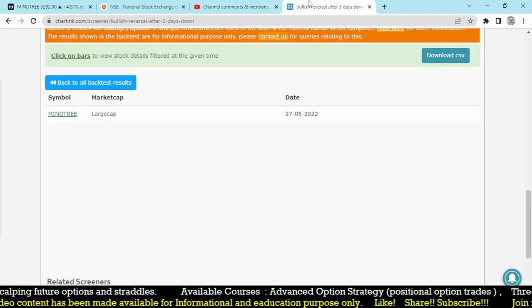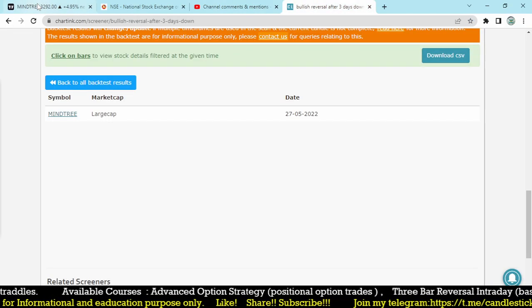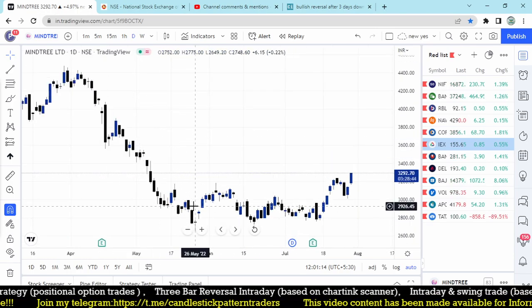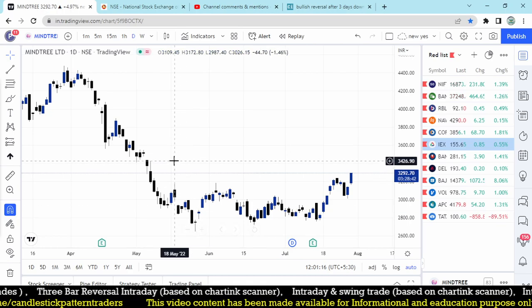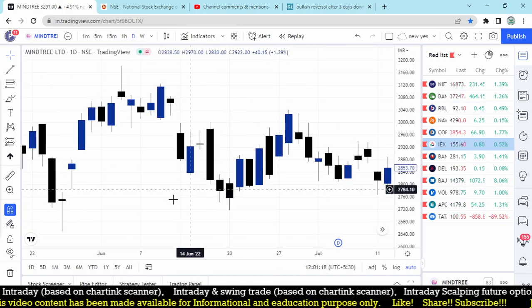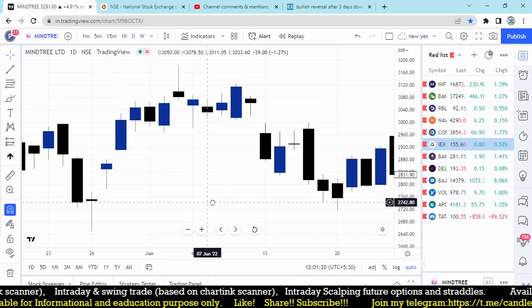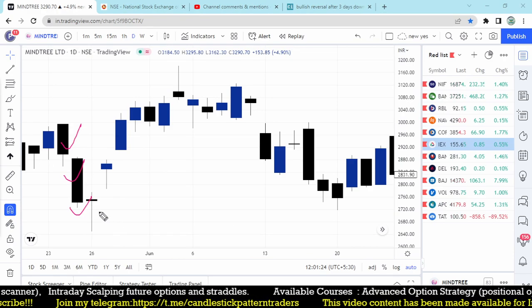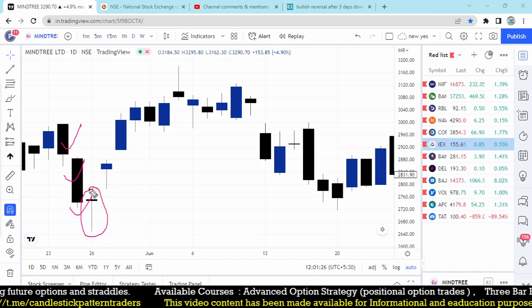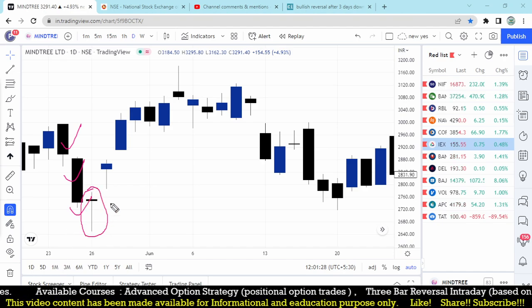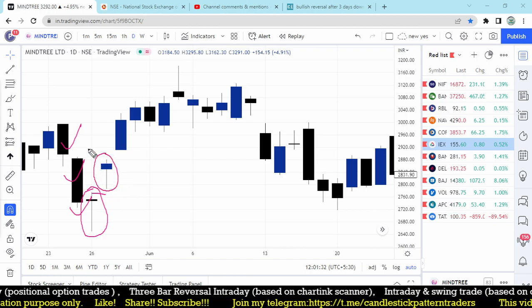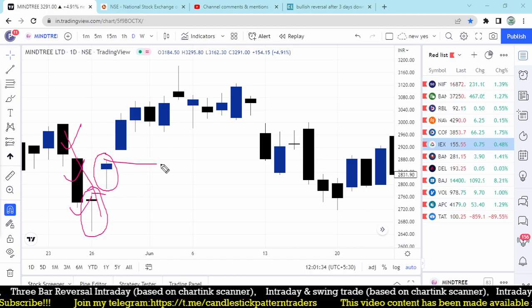Let's say Mindtree on 27/5, where is it? Yes, 27/5. So 1, 2, 3 consecutive down. Another indication there is a hanging man, or doji, from there, but we find the hammer candle which is after 3 days down, and this is the entry point.